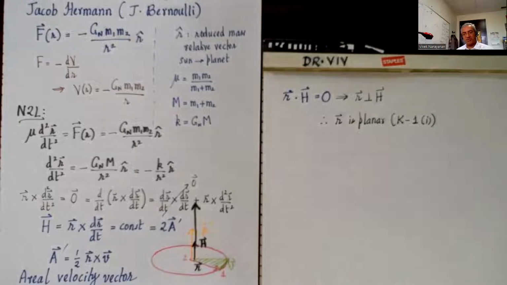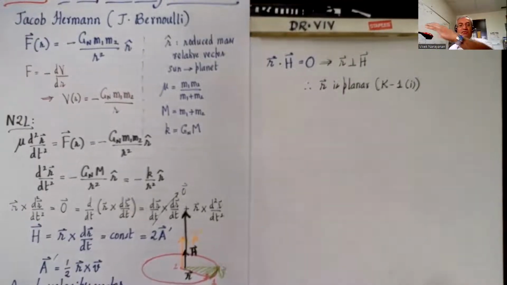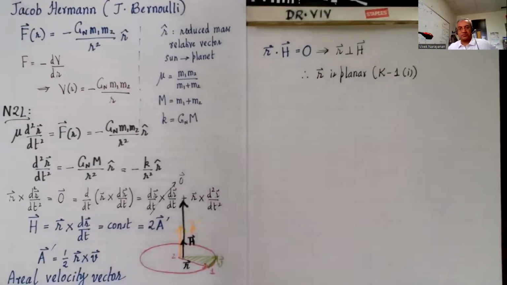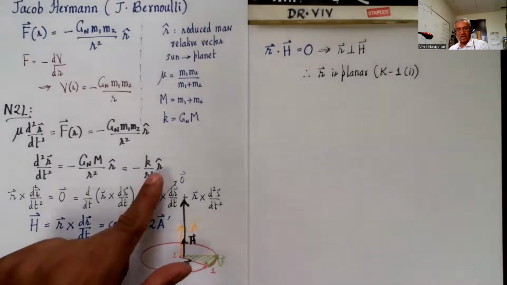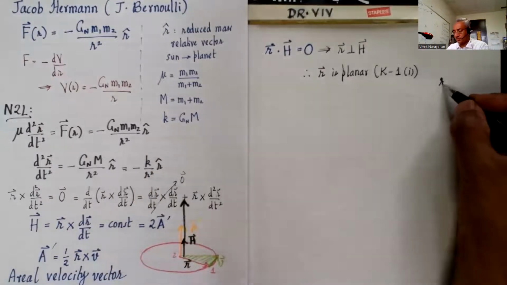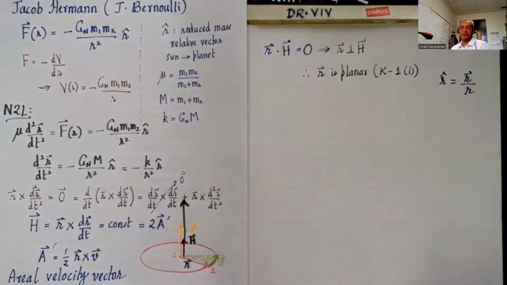From here to Kepler's second law is the next tantalizing step, which Jacob Hermann carried out. So really beautiful analysis. Let's do that next. Now remember that this r hat vector is proxy for the full vector r divided by its magnitude.